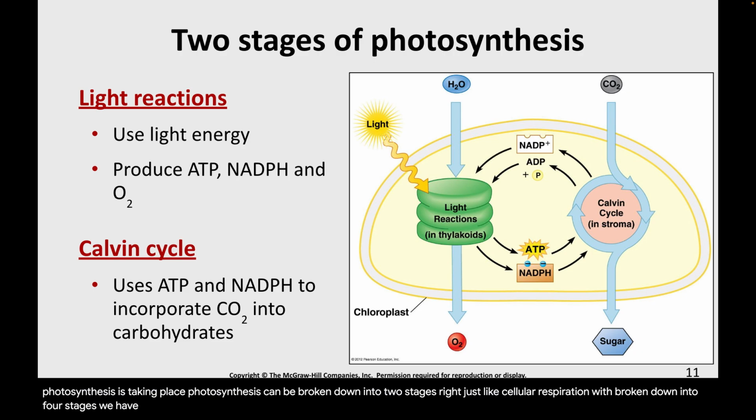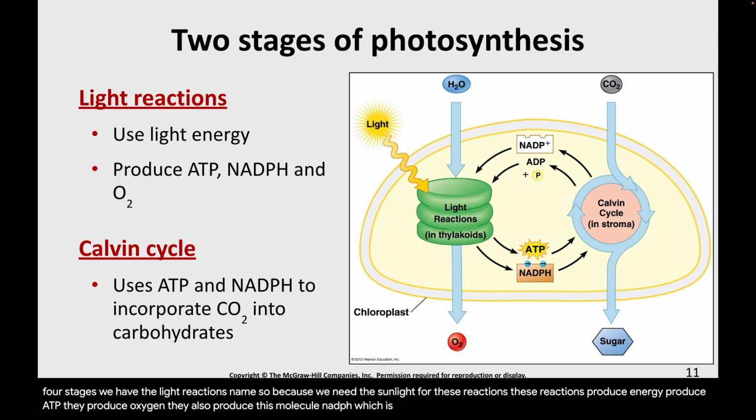We have the light reactions, named so because we need the sunlight for these reactions. These reactions produce energy, produce ATP. They produce oxygen. They also produce this molecule NADPH, which is very similar to NADH. It acts in the exact same way. It is an electron carrier.